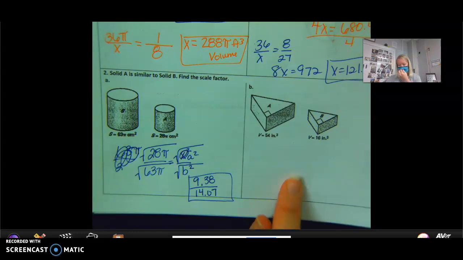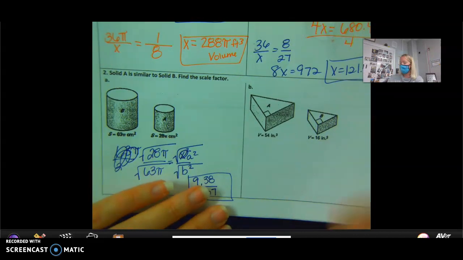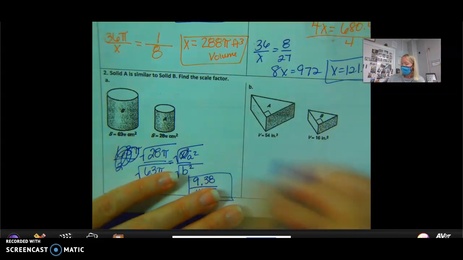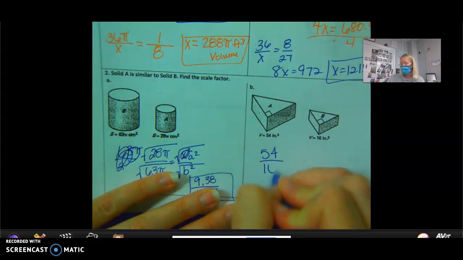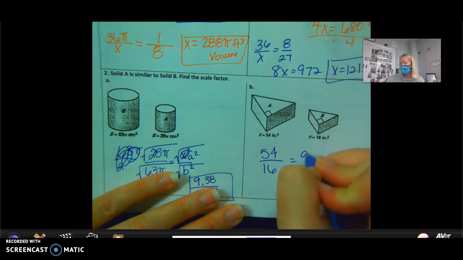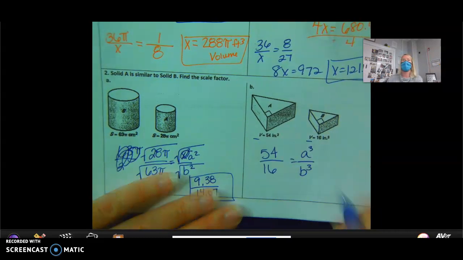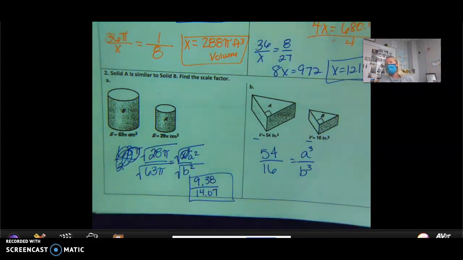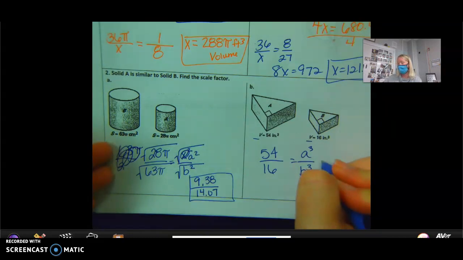Okay. We're going to set up this similar. 54 inches over 16 inches equals A. This is volume now, so it's A cubed over B cubed. So you're going to find the cubed root of 54, and you're going to find the cubed root of 16. What'd you get for the cubed root of 54?